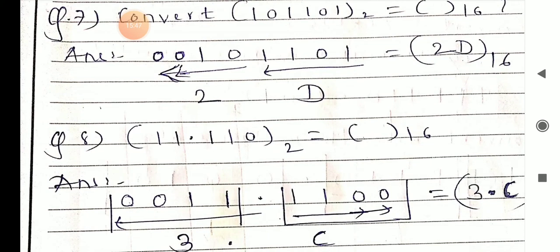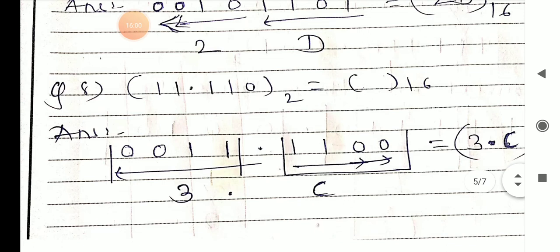So now we will take one more example. Question number 8: 11.110. That is the binary number. You have to convert it into hexadecimal. So first write as it is that number. Then you can make 4 pairs. First I will write 11.1100.